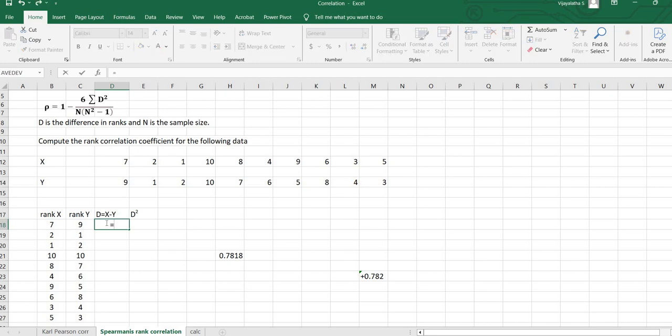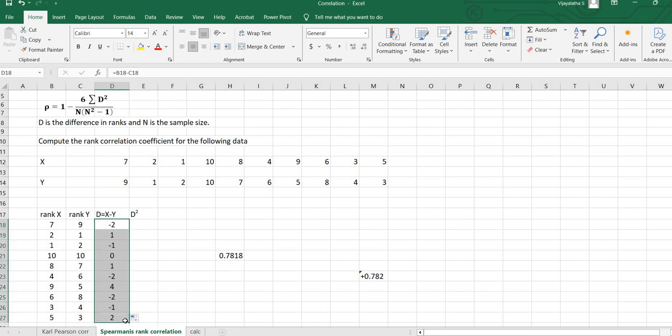So is equal to, we have rank X starting from B18, so we can put it as B18 minus C18. So we have got the difference. We can use the fill handle and drag down as far as we need the differences in ranks.